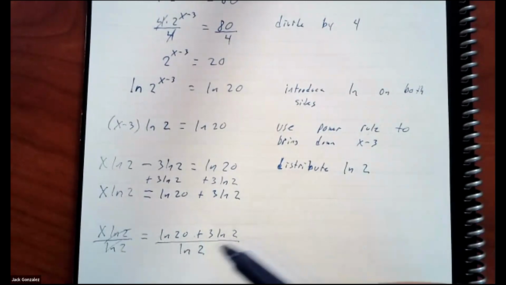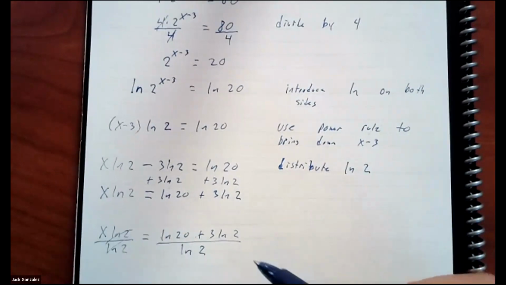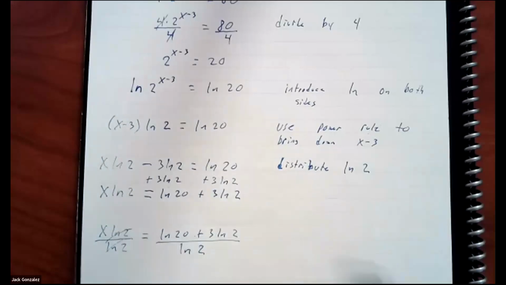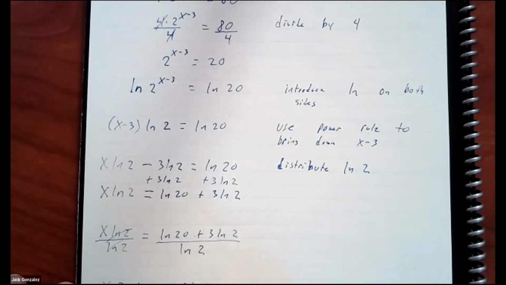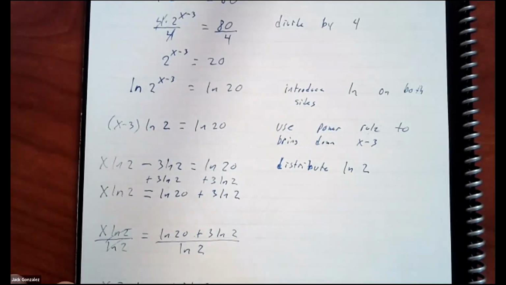So this is your solution: ln 20 plus 3 ln 2, over ln 2. It's not very pretty, but it's some number. So x is equal to this. Now, if they ask you to round, you're gonna have to punch it into your calculator. That's all you can do.